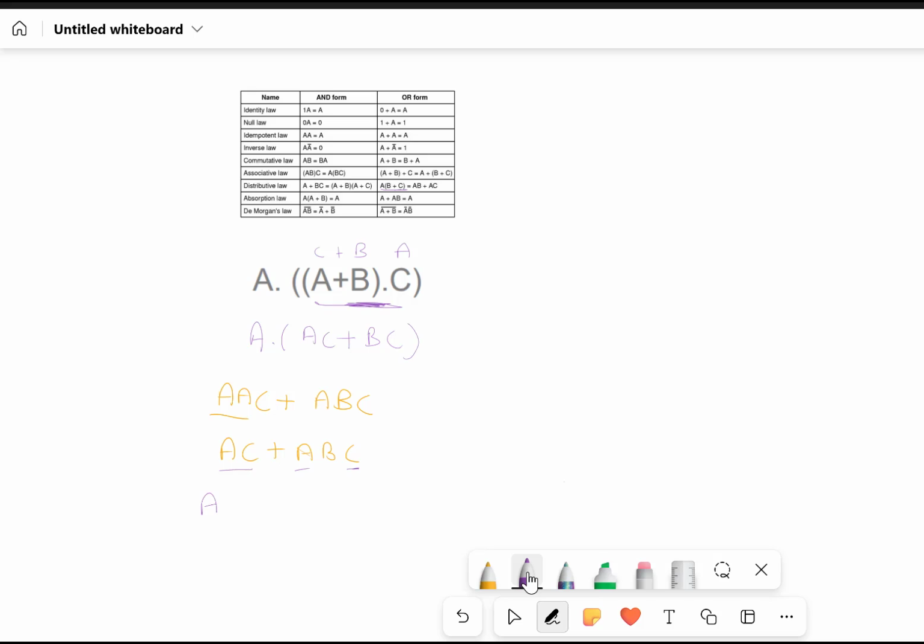So AC, and we've got B and 1, or 1. B or 1, we know, gives us 1. So we've got AC times 1. We know that multiplying C by 1 doesn't matter, so it makes the 1 redundant. So our answer is AC.